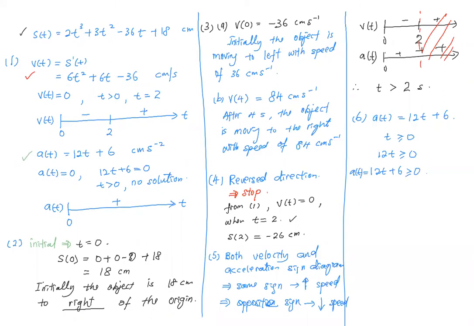So this one you show, therefore, velocity is always increasing because acceleration is always positive.